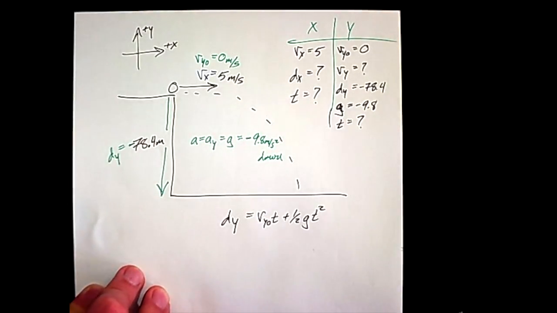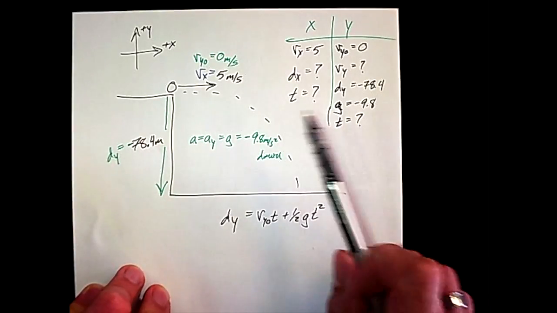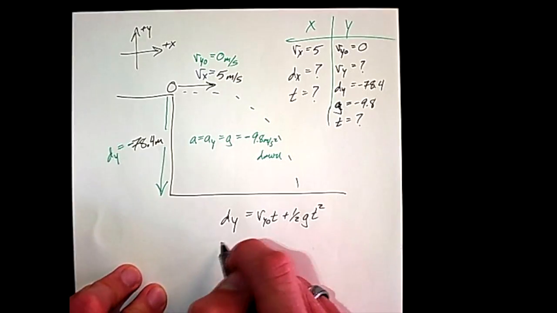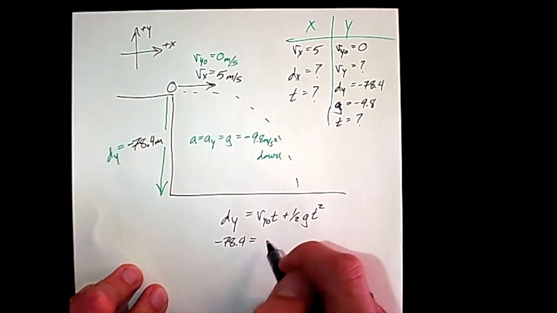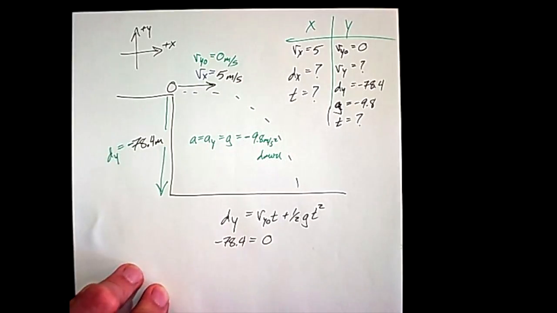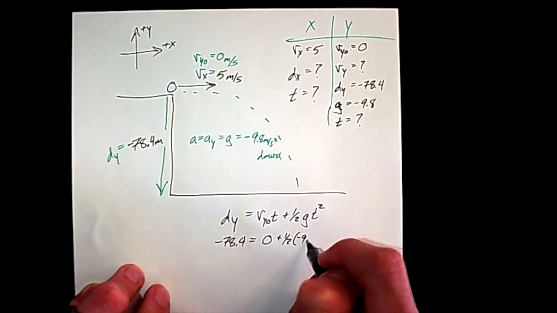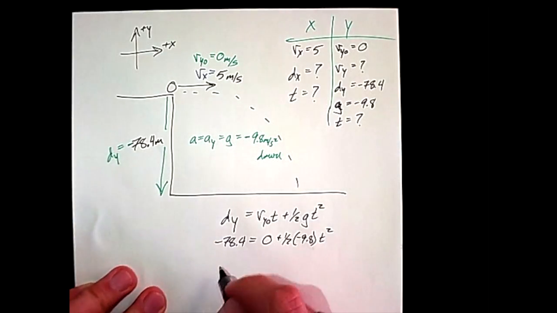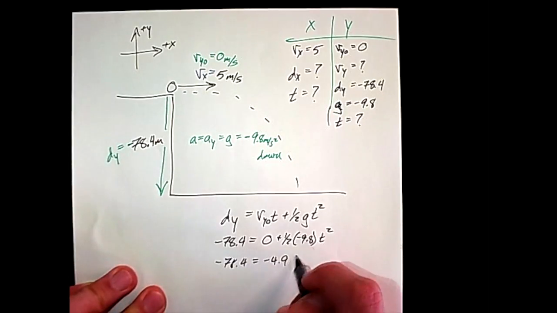One at a time. It is most useful to find the time first because time is common to both sides. So dy we just assigned is negative 78.4. Vy naught is 0 times t is still 0, plus 1/2 times negative 9.8 times t squared. This is negative 78.4 equals negative 4.9 t squared.